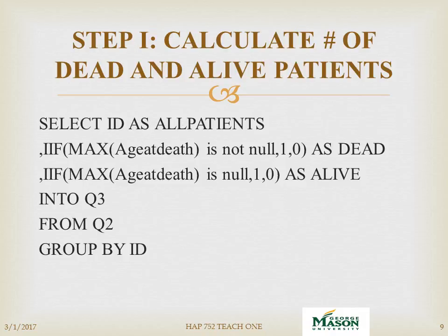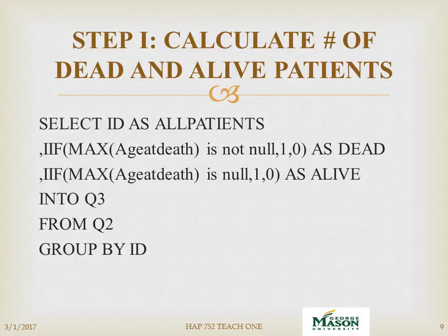Next, after you have removed all the duplicates and errors, we need to calculate the number of dead and alive patients. First of all, we need to select ID and name this ID as all patients. What I want to point out is the statement that we're going to use here is the if max age at death is not null.